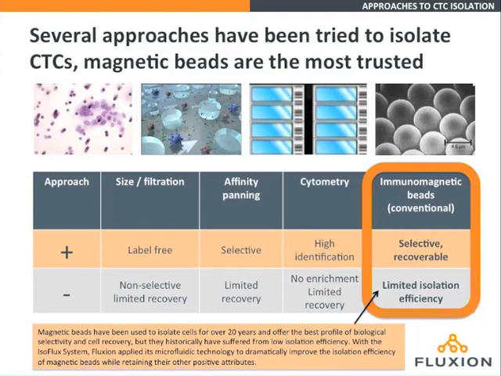It can be tailored to different subpopulations. The challenge, however, has been the limited isolation efficiency, and this is where we really worked hard and employed our core competency in microfluidics to really improve the collection efficiency and the recovery efficiency of the cells off chip.